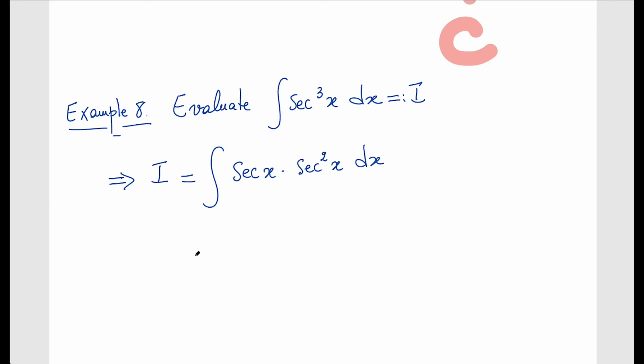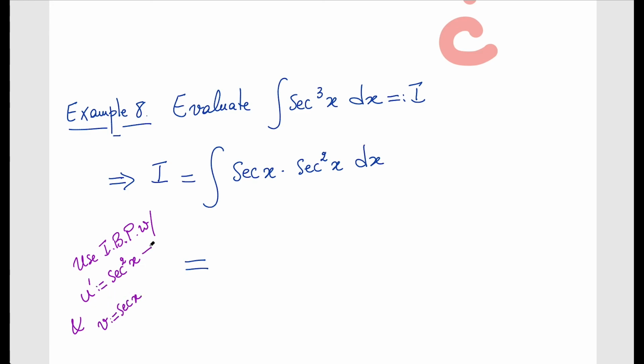And I'm gonna use integration by parts. Typically powers of sec require it by itself. If sec exists by itself, typically this requires integration by parts. And if you use integration by parts here, so use IBP with the u prime to be secant squared x and the v to be secant x.